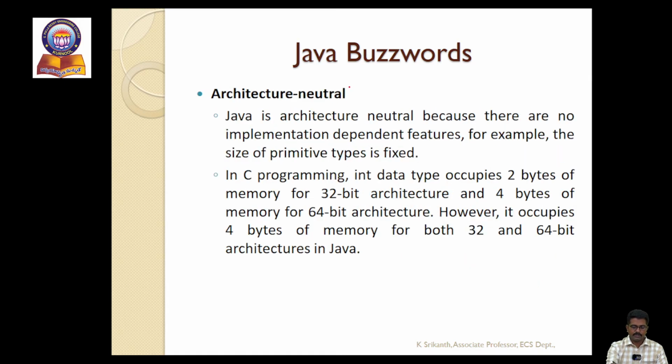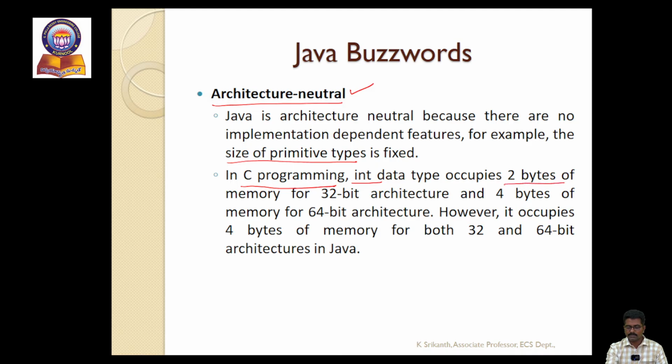The next feature is architecture neutral. When we are working with C language and we ask the size of primitive data types, especially integer, when I ask in C programming what is the size of int, I get multiple answers.